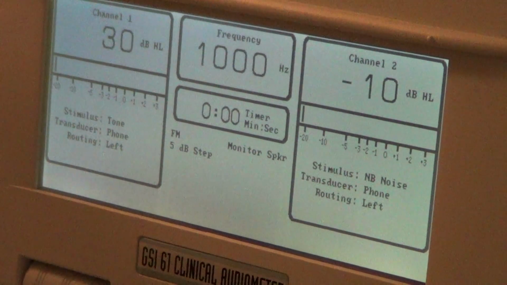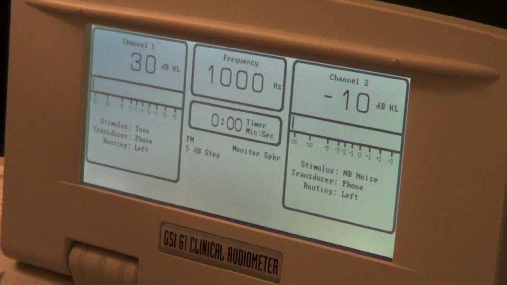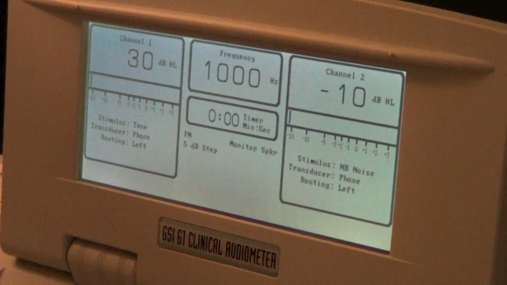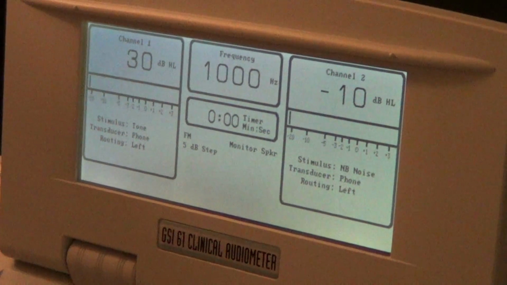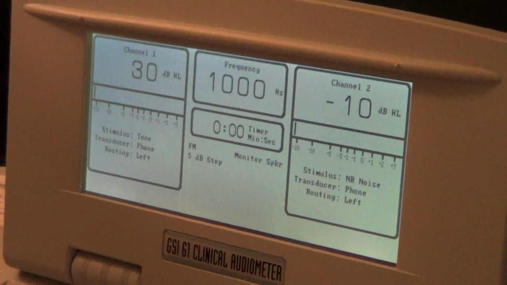But I kind of want to show you just a few of the frequencies in the left ear so that I can show you how to mark the other ear on the audiogram as well. So we'll do a quick test of this person's left ear.